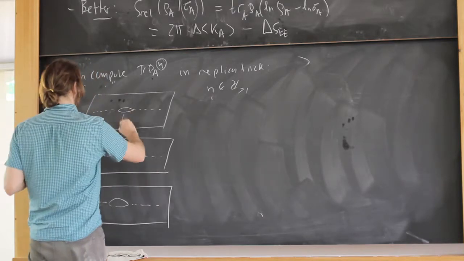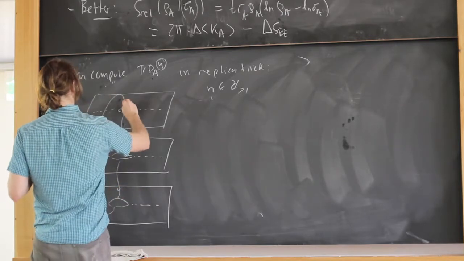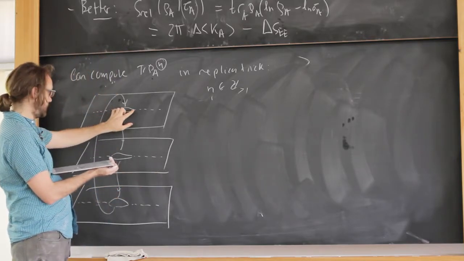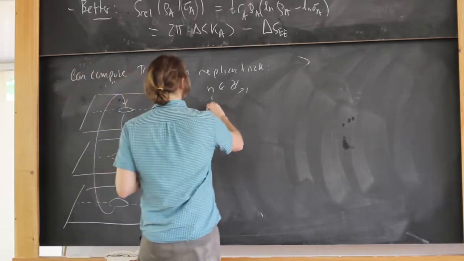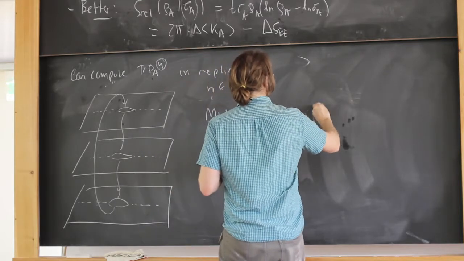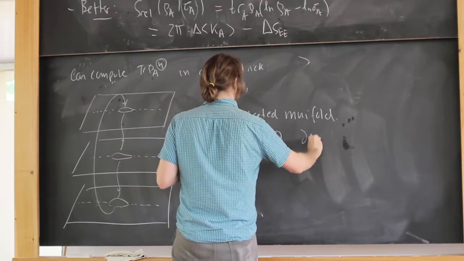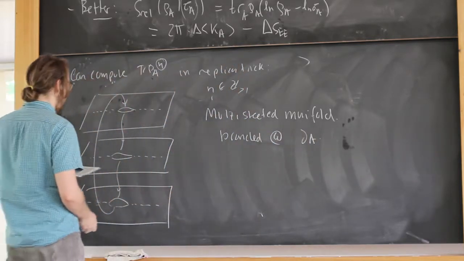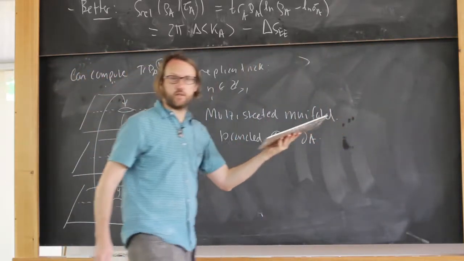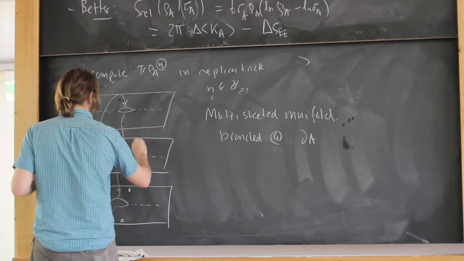And so you get some complicated picture which defines some multi-sheeted space which is then branched over the boundary of the region A. And the important thing that I forgot here is that if we're computing trace rho to the n in the state psi, then we need a whole bunch of operator insertions on each of these sheets.